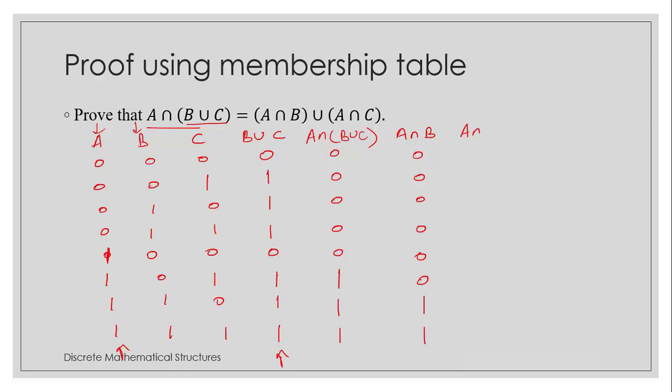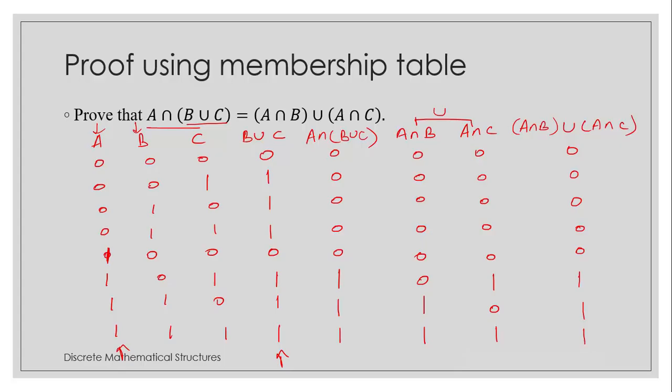Then we need to find A intersection C. So this will be 0, 0, 0, 0, 0, 1, 0, 1. Now for the right hand side we need union of these two columns. So A intersection B union A intersection C. So now union will be again 0, 0, 0, 0, 0, 1, 1, 1.